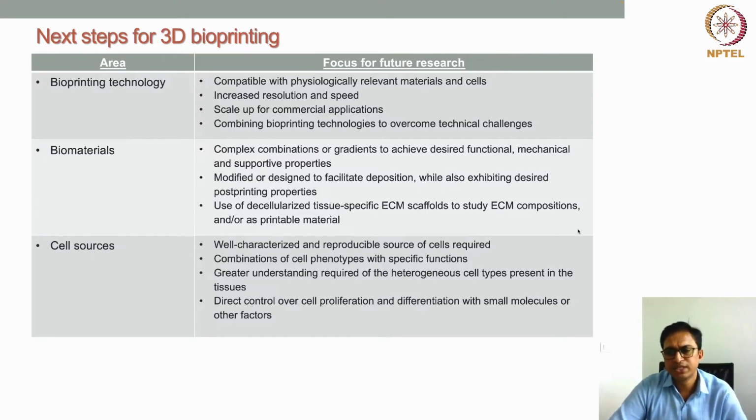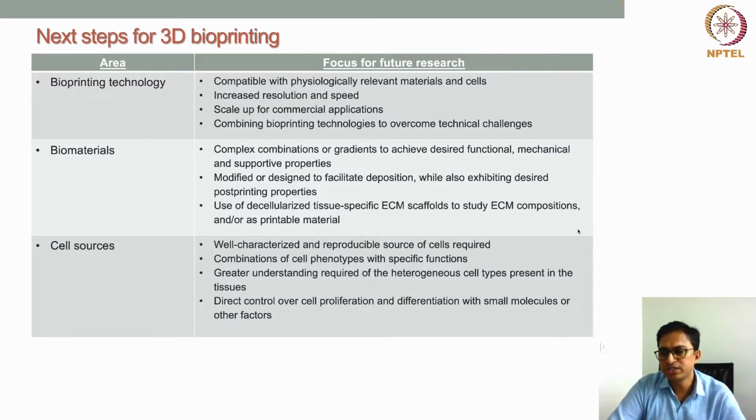Then we started discussing what is required and how to print tissue and organs. Suppose we are targeting a particular tissue or organ construct, what is required to print it.